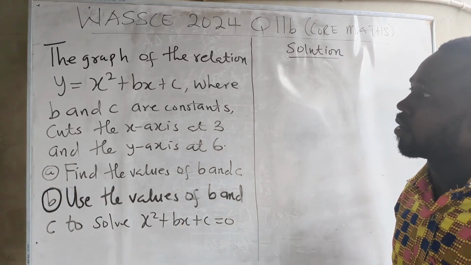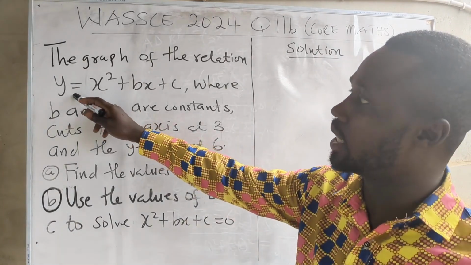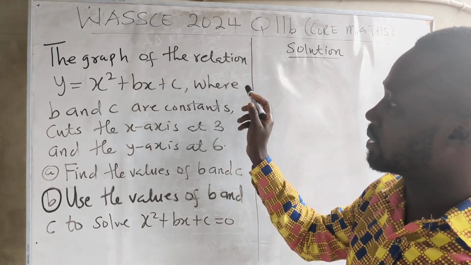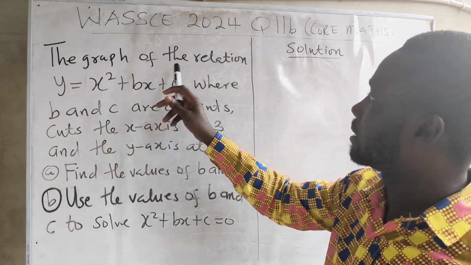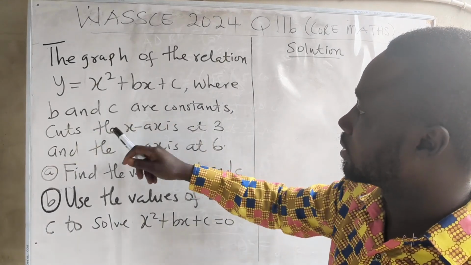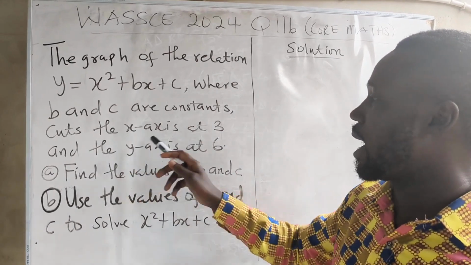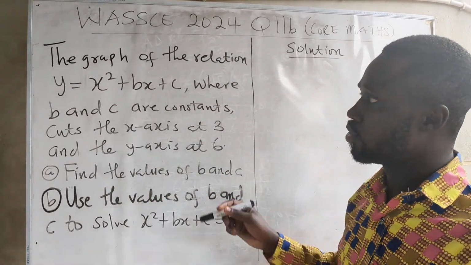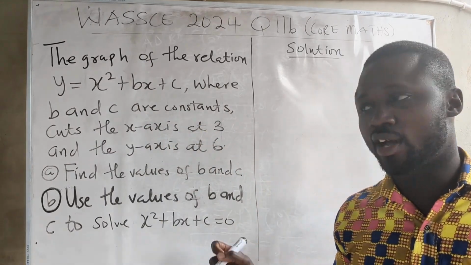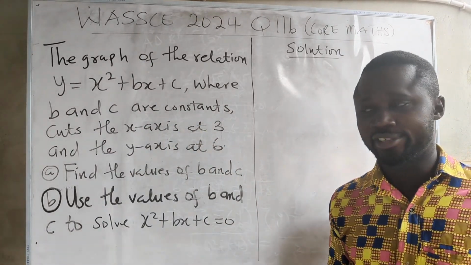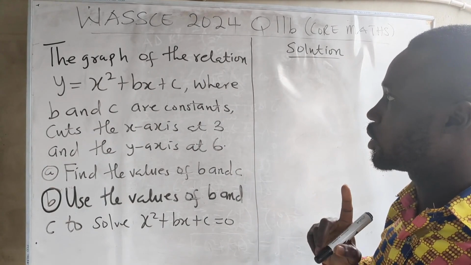Quadratic. Alright, so we are given the quadratic function here as y is equal to s squared plus bs plus c. And he's saying that b and c are constants, and the graph cuts the s axis at 3 and the y axis at 6. So because this is quadratic, when you have the graph, you are going to get a curve. Let's look at the nature of a curve.